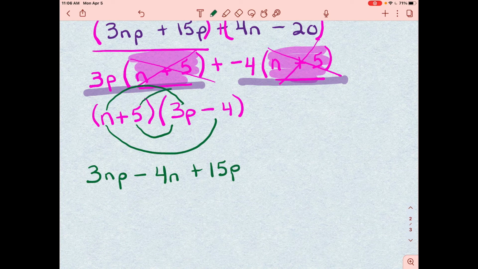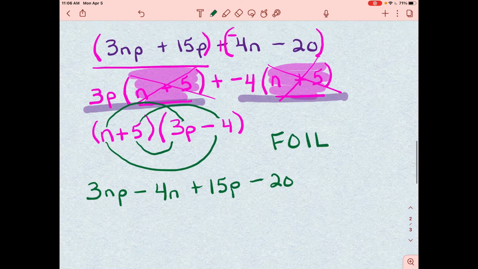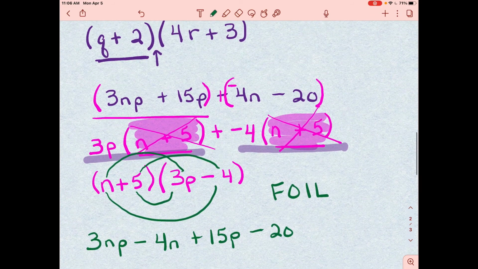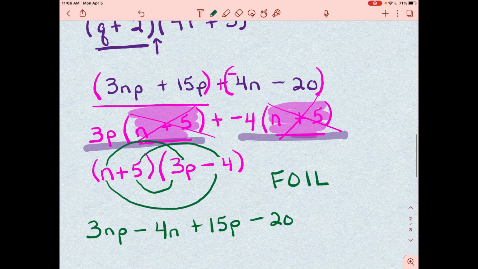And 5 times negative 4 is minus 20. Hopefully you've gotten pretty comfortable using FOIL. None of these combine. There's our 4 things, and they should match the one we started with in the beginning. It's just out of order a little bit. The negative 4n ended up in front of the 15p, but it means exactly the same thing.